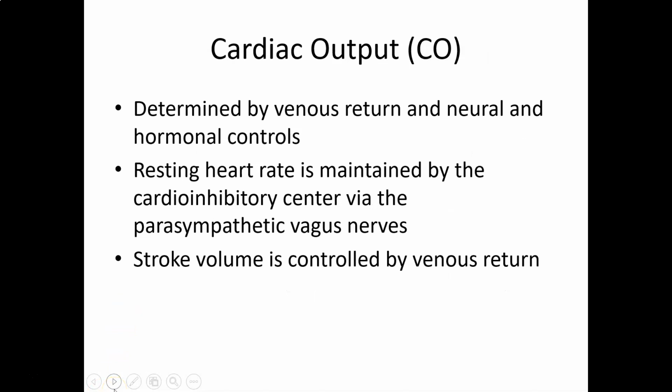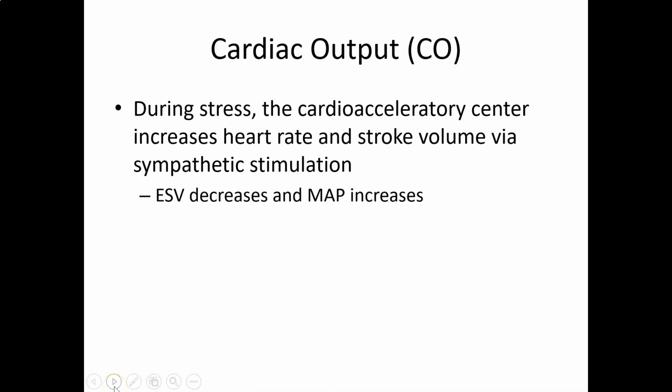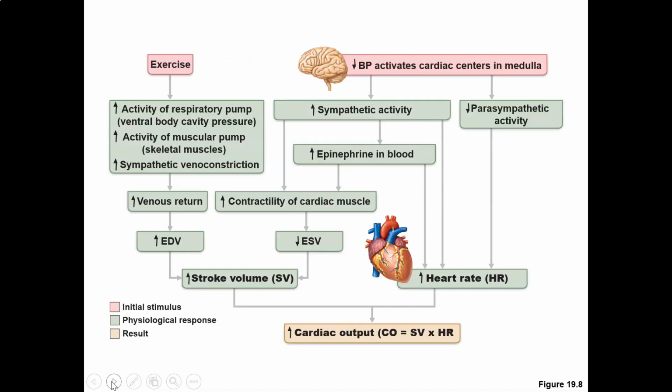Cardiac output is determined by different things. We're going to ignore some of these terms like ESV right now. More on cardiac output numbers later, and look at how cardiac output, stroke volume, and end systolic and diastolic volume relate. Right now, I'm not concerned with this.